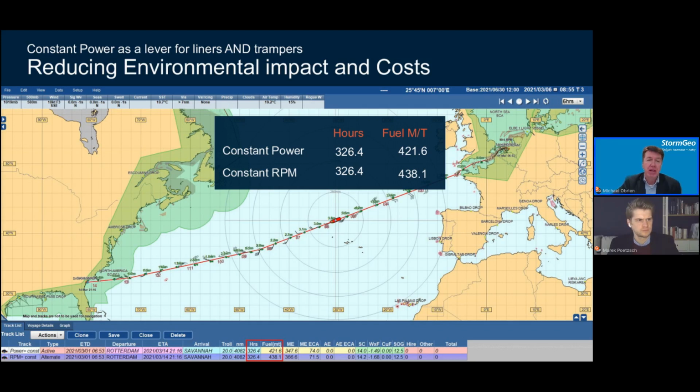You can see that when operated at constant power, the fuel consumption was 421.6 metric tons, and when she was operated at constant RPM, it was 438.1 tons. So a significant increase in efficiency by running her at constant power.